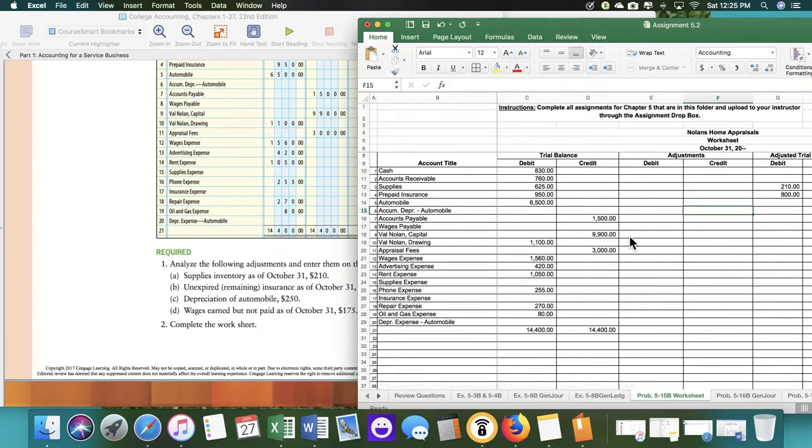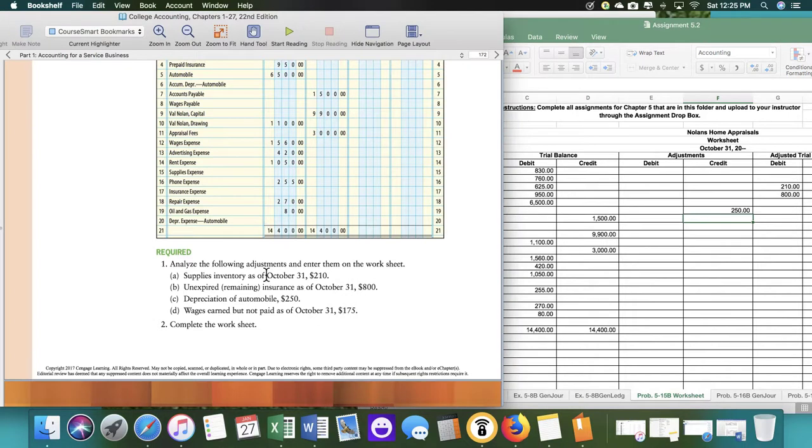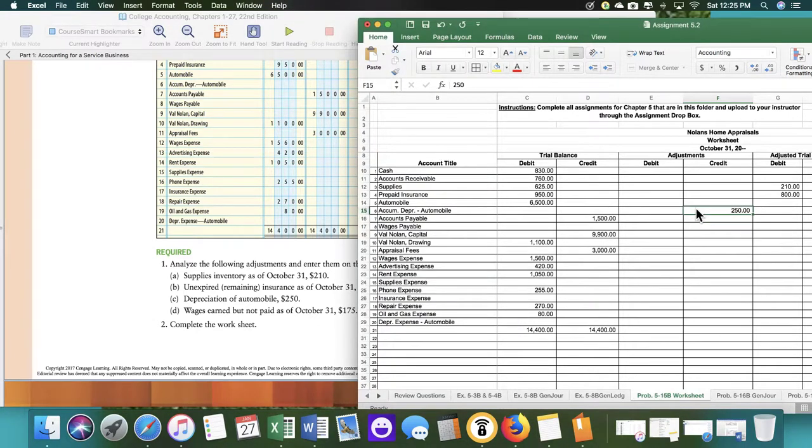It's going in the credit column of the adjustments. Since we listed it as a credit in accumulated depreciation, we have to list it as a debit in depreciation expense. Expense accounts are always going to be adjusted with a debit.